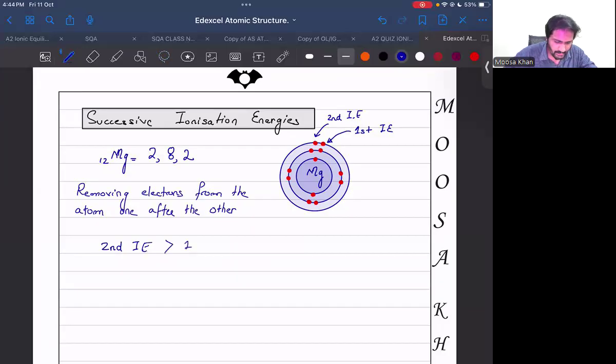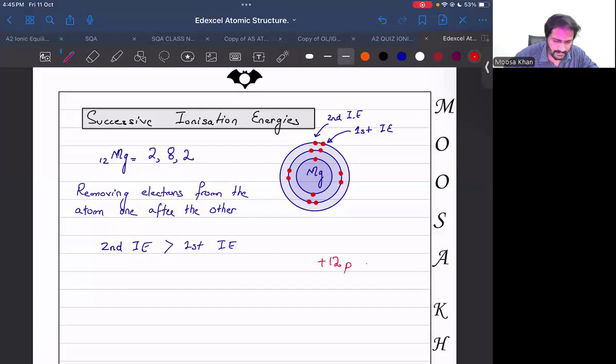It means that in order to remove the second electron from the magnesium atom, you would require more heat energy. And the reason is that once you have removed the first electron, the remaining electrons of magnesium are attracted by a greater nuclear pull. Because initially 12 protons of magnesium were holding 12 electrons in its shells.